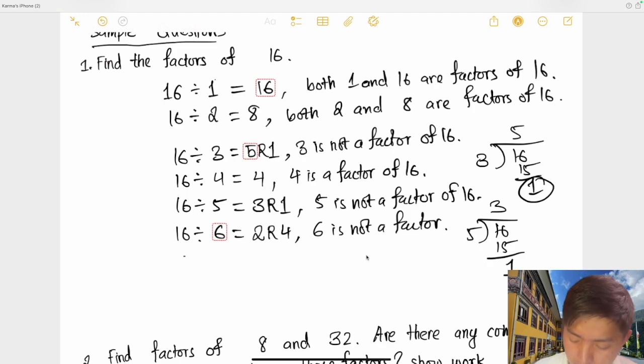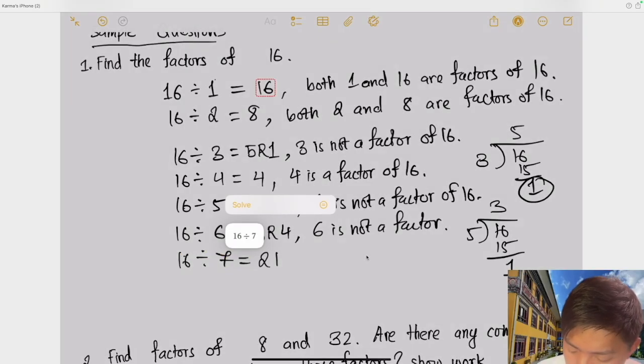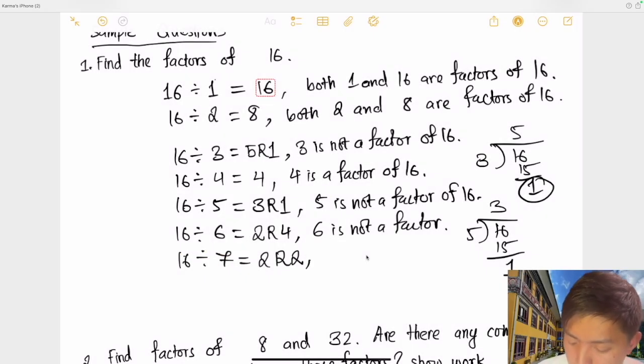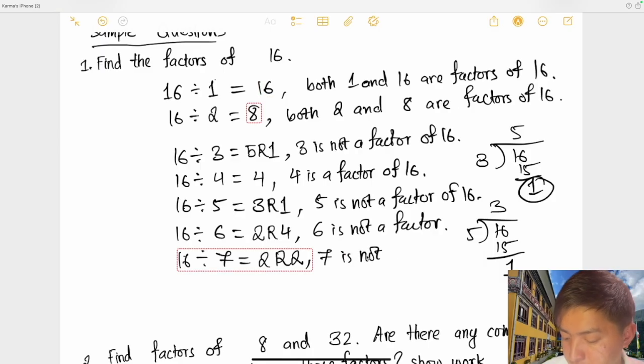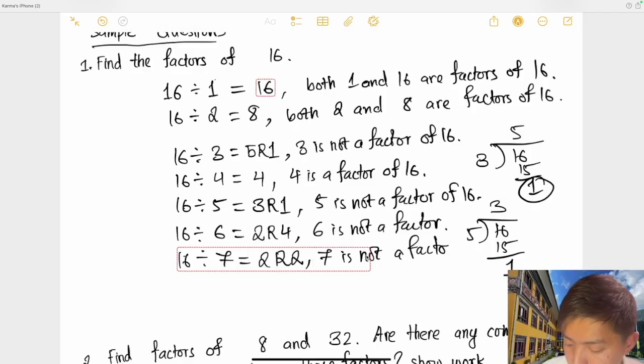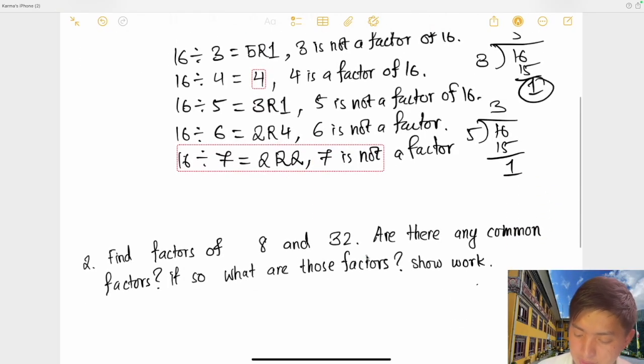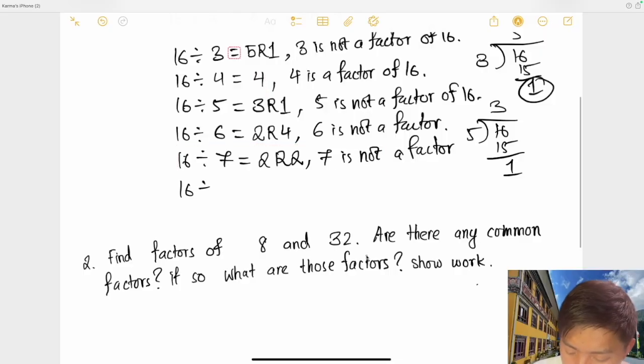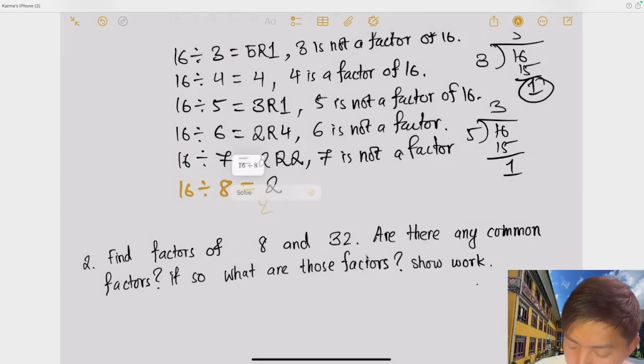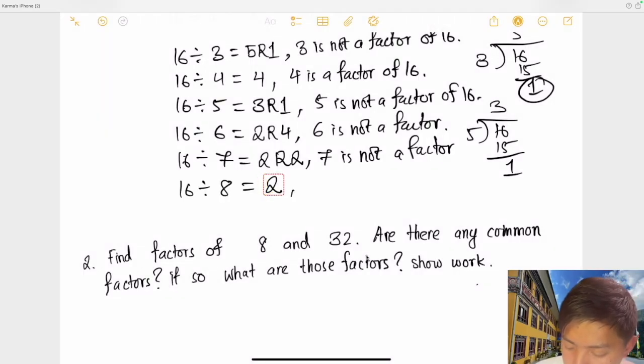The next number after 6 is 7. 16 divided by 7 is 2 remainder 2. So there is a remainder, so 7 is not a factor of 16.